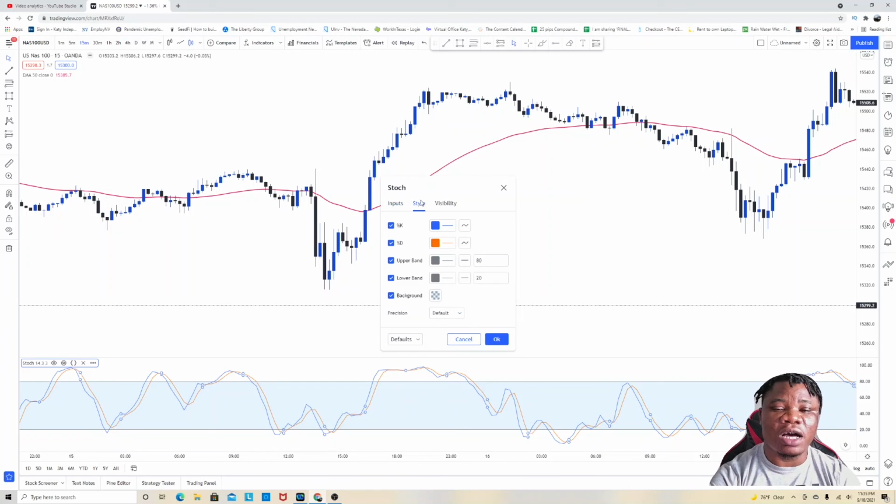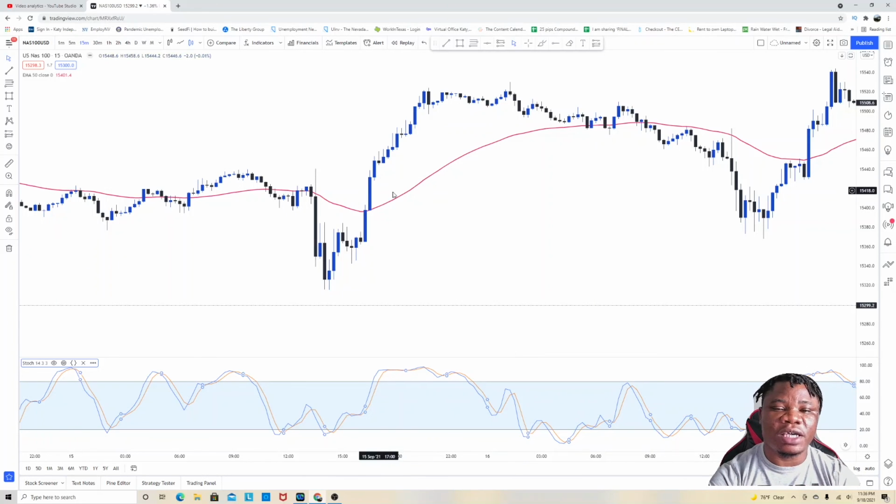And for the style, for the upper band, you change that to 80, and for the lower band, you change that to 20. Remember, this is the stochastic indicator. And for the indicator right here on the main chart, we're looking at the 50 EMA, 50 moving average exponential.